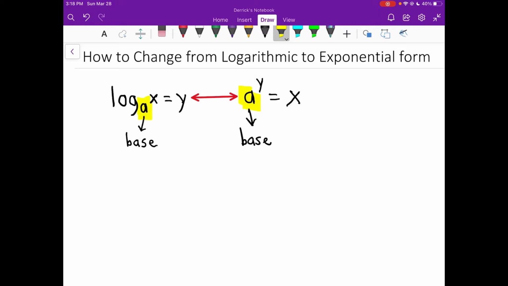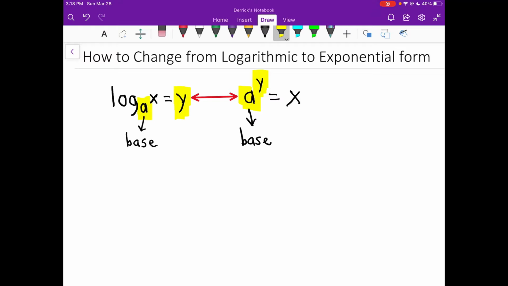And then what I kind of say is whatever is by itself in one form will be with the base in the other form. Meaning, notice how in our logarithmic form, y is just sitting here off on its own. That's whatever the equation equals. But in exponential form, y gets to be with the base, with something on the left side of the equation.